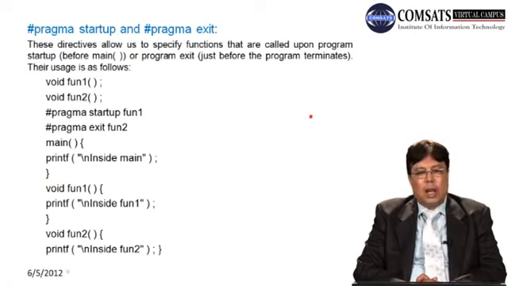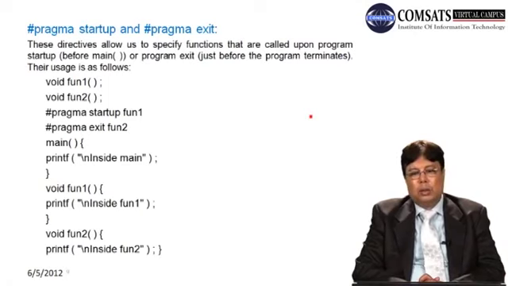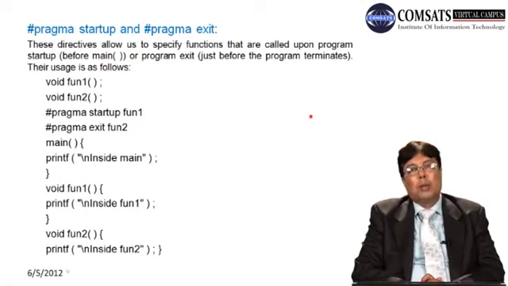These directives allow us to specify functions that are called upon program startup. Which program is the startup program? Before main. Or program exit, which means just before the control goes back to the operating system. When you are transferring the control back, this part can be executed.